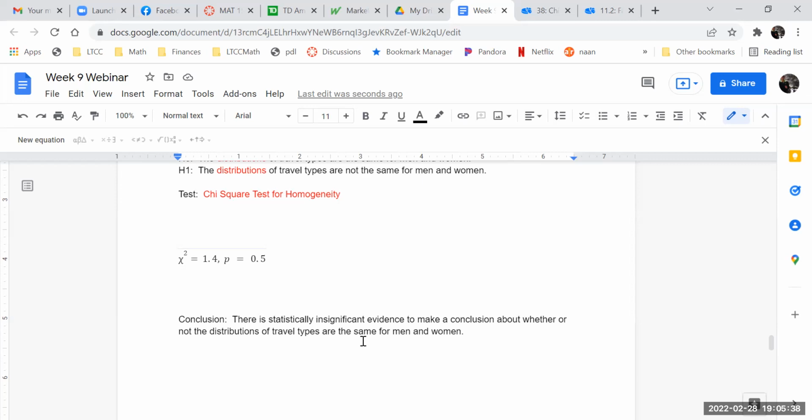Any questions on that? Just want to let you know, whether or not you should only use when you fail to reject. If you reject, it's not a whether or not. Then you say there is significant evidence to conclude that. Any questions on that?